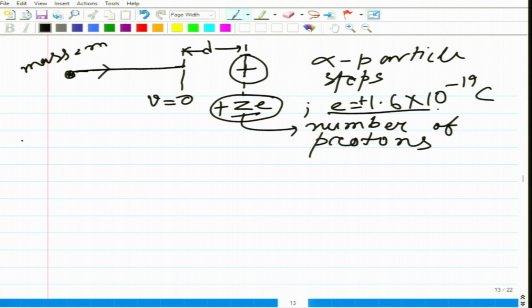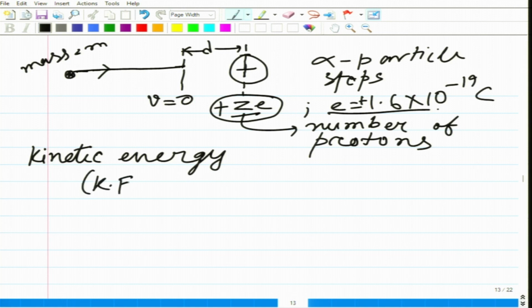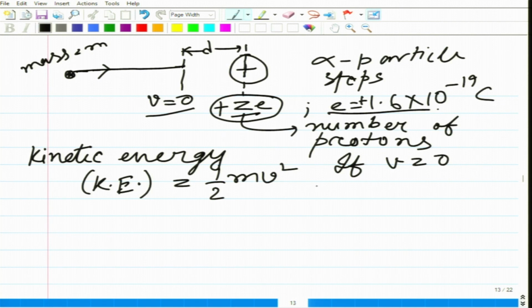If v is 0... we know that when a particle is moving, it has kinetic energy, KE, which is written as half mv square. Now at this point, if v is 0, then kinetic energy will also become 0.